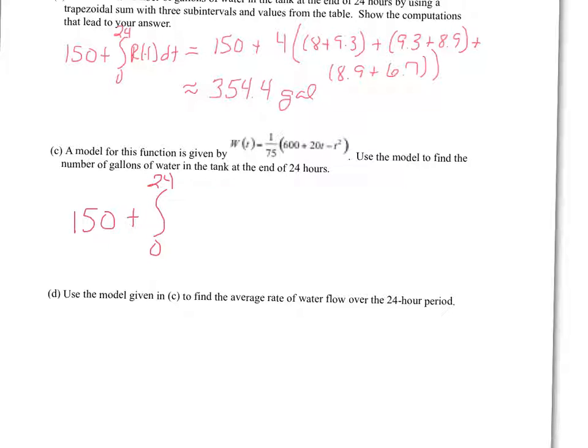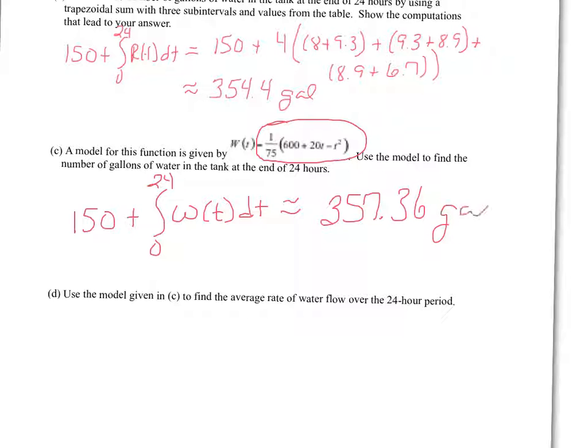And since they have defined W of t, we can just do this instead of writing it out. You could probably do this one without a calculator, but for time's sake, go ahead and plug this into Y1 and let your calculator find the answer. Okay, approximately 357.36 gallons. Make sure everybody gets that. I want to be sure you are getting it in your calculator.